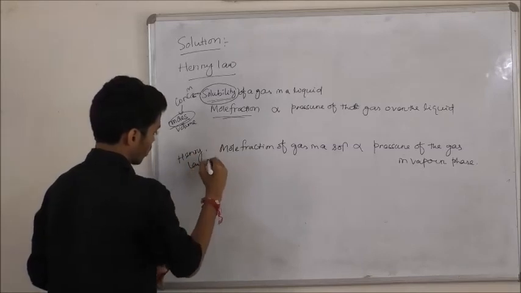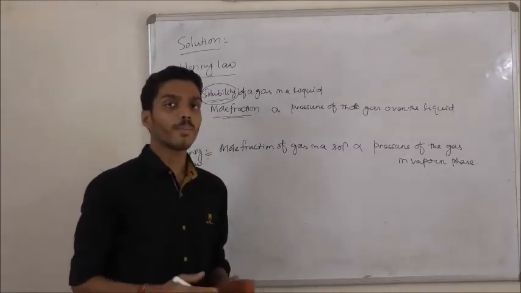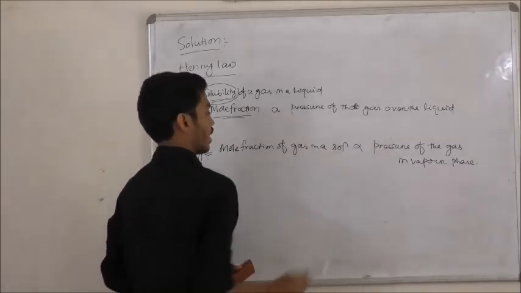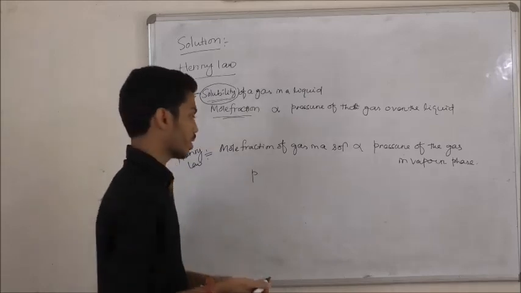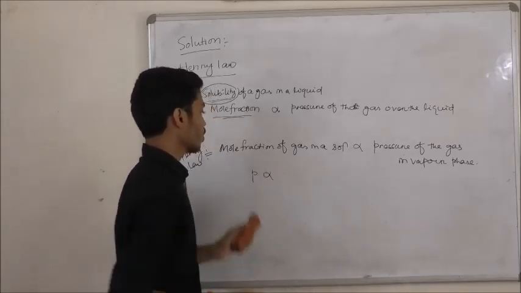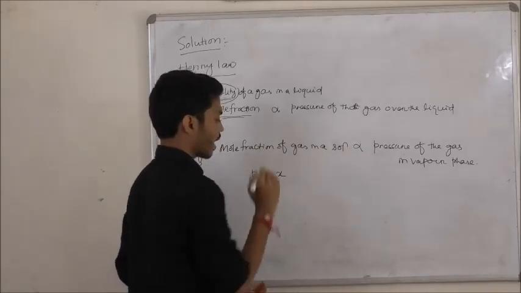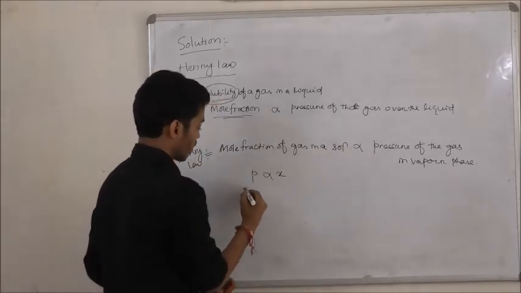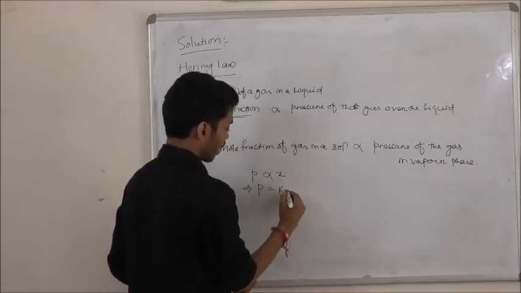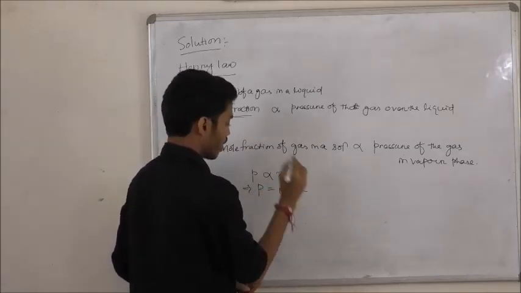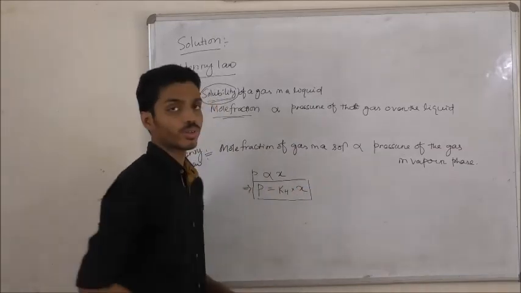This is Henry's law. Mathematically, the pressure of a gas in the vapor phase is directly proportional to the mole fraction of the gas in solution, X. Then P equals KH times X, and this is the Henry equation.